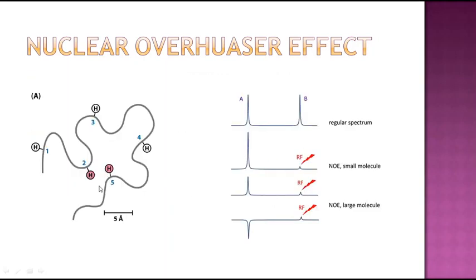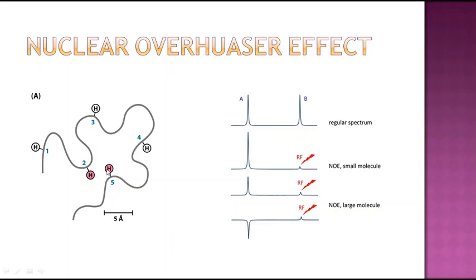This is an example here. This hydrogen and these two hydrogens are structurally far away from each other, but due to the structural arrangement, you can take an example of protein folding. Due to folding of the molecule, if these two hydrogens come in proximity, around 5 to 6 Angstrom, here you can see it is 5 Angstrom.